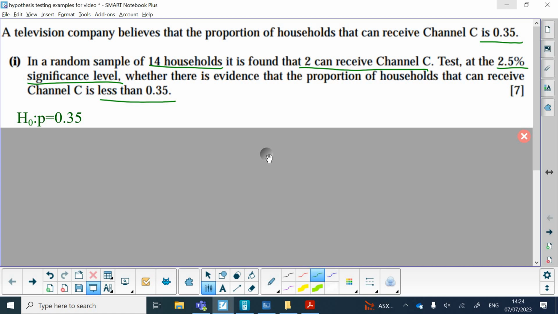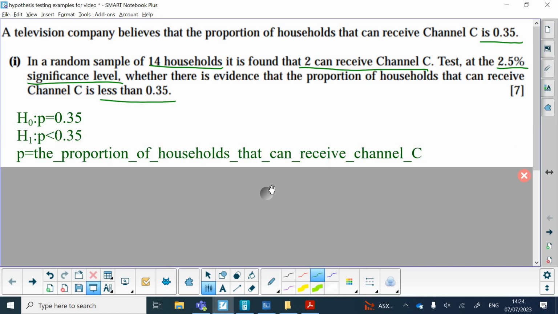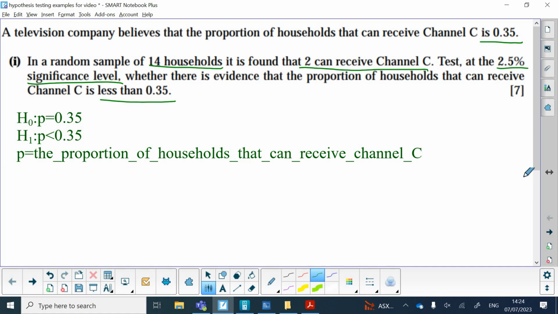We also have to define p. I'm just copying words straight from the question there. You could put probability instead of proportion. Okay, so now we need some data to test this, and our data is the 2 that can receive channel C out of the 14 households. So I'm going to write down first of all what our data is going to be.